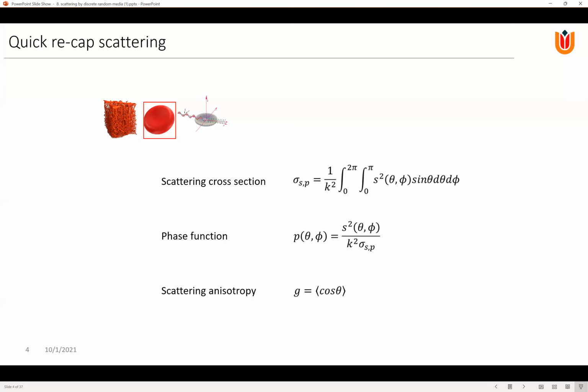Light's coming in from here, it is scattered at the particle into this direction, but here is my detector. So what part do I pick up? Exactly, the part that is proportional to cosine theta is the part that travels in the forward direction. That's the part I will pick up. That's the importance of this parameter.